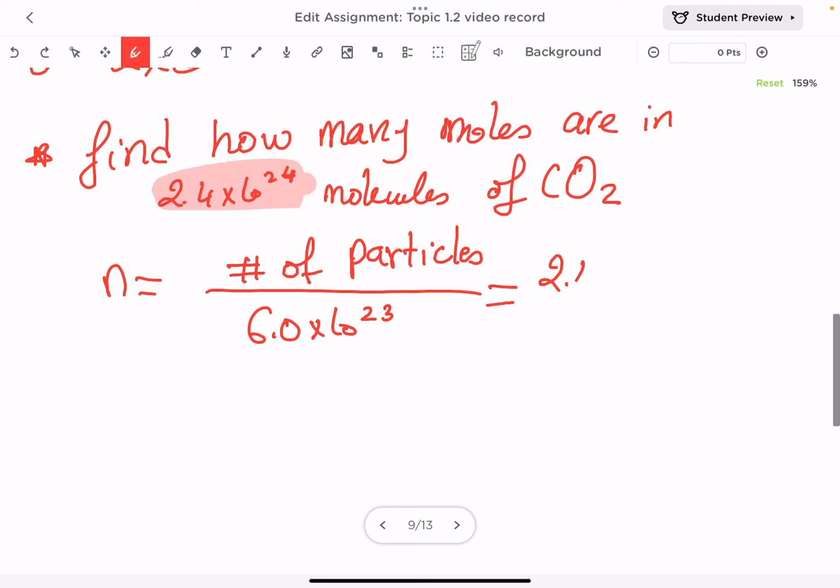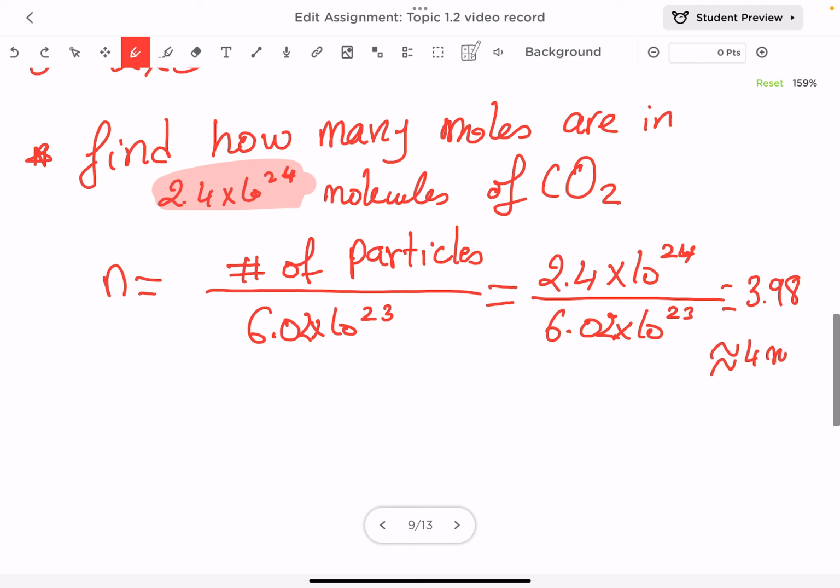Will go over here, divided by Avogadro's number. And the final answer, that would be over Avogadro's number, 3.98. So it's almost 4 moles.